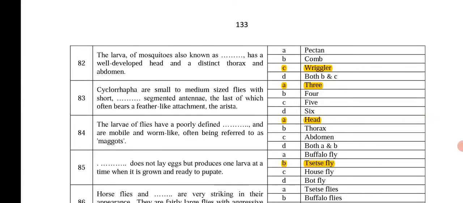Cyclorrhapha are small to medium-sized flies with short, three-segmented antennae, the last of which often bears a feather-like attachment, the arista. The larval flies have a poorly defined head, are mobile and worm-like, often being referred to as maggots.